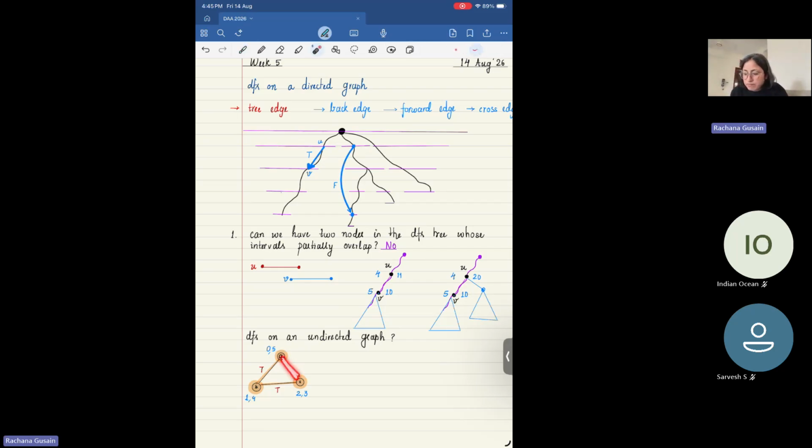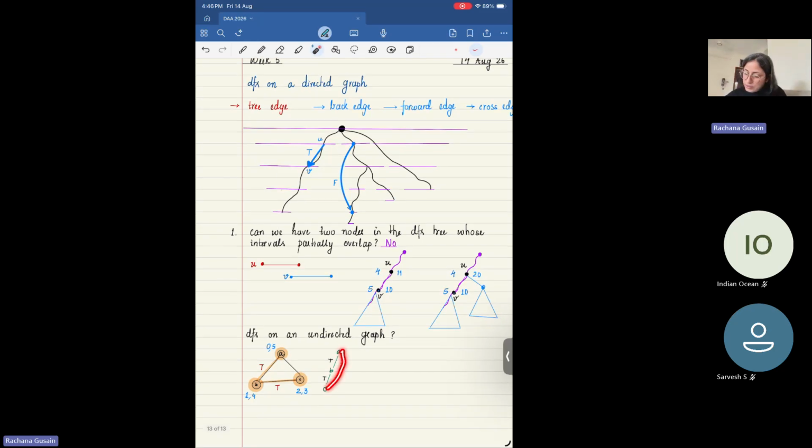This edge. So here is the tree, right? I started from A, I went to B, from B, I went to C, and from C, there is one edge which connects to A. These two edges are tree edges. What is this edge?